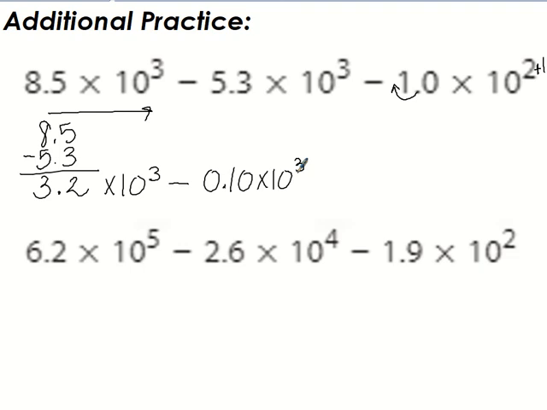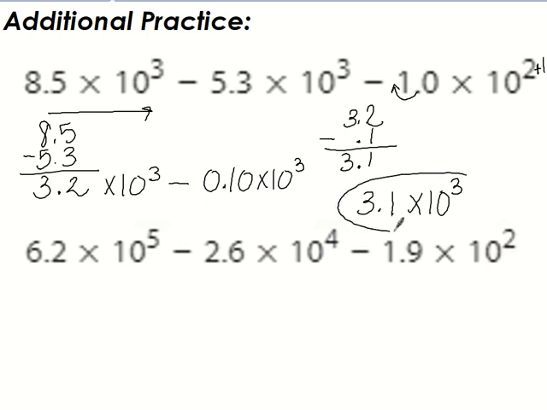So I'm going to take 3 and 2/10 and subtract a 10th. And I get 3 and 1/10, and now my new exponent is to the 3rd. So I'm going to go 3.1 times 10 to the 3rd. And that's our final answer. But we have to subtract from left to right.